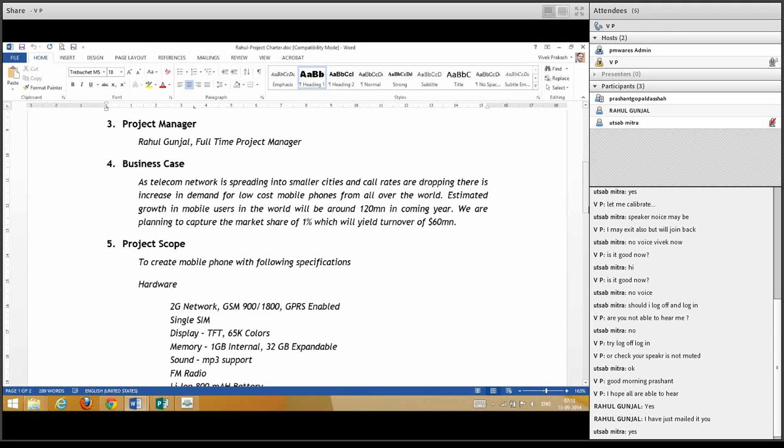Estimated growth in mobile users in the world will be 20 million in coming year. We are planning to capture a market share of 1%, which will yield turnover of $60 million. Fantastic.